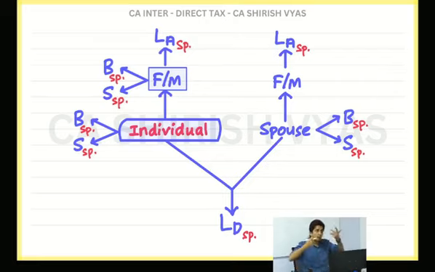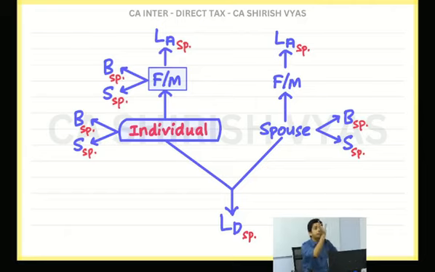Then father and mother of father, mother. Then father and mother of the father and mother of the father, mother. And so on. In short, all grandparents will come, maternal side also, paternal side also, from your mom's side and from your father's side. All your grandparents are also relatives, along with their spouses.